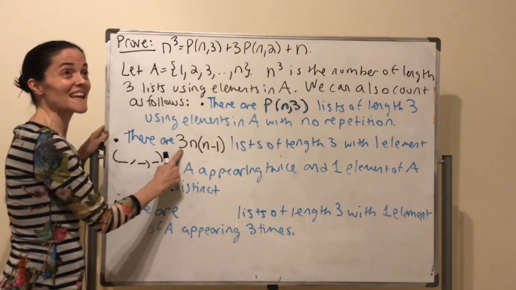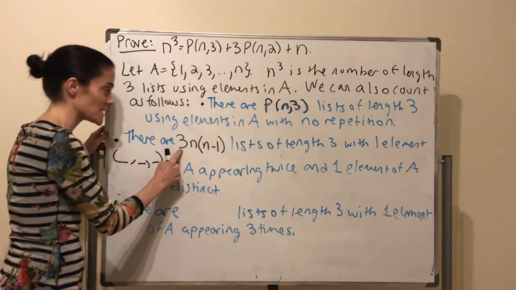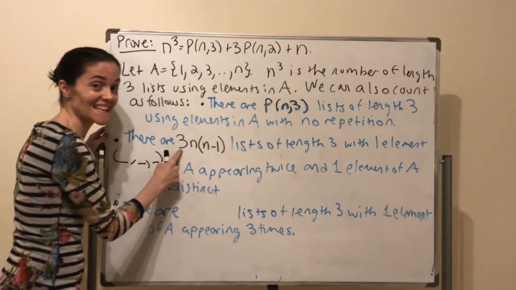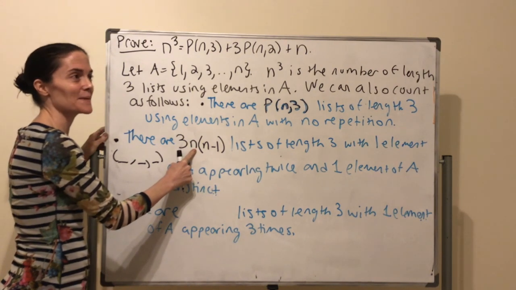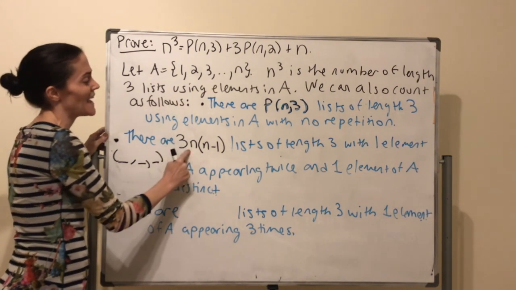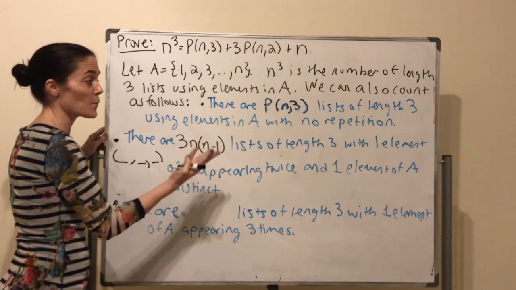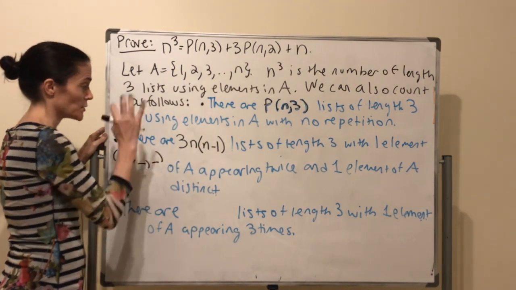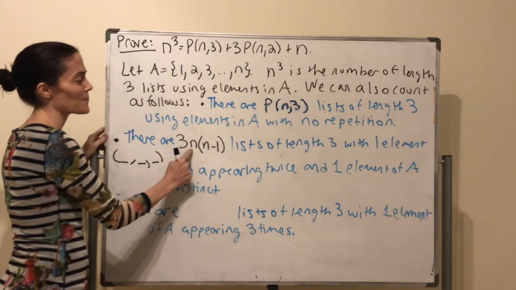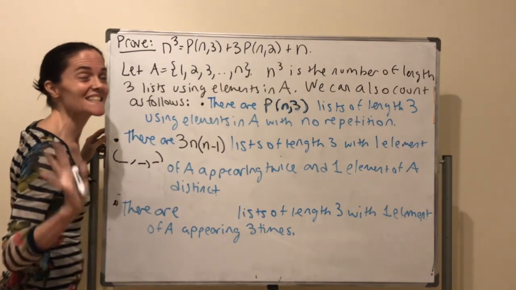But this is the number, and I will say it again, it was the multiplication rule. First, I choose the spot for the distinct element. There are 3 of them. Then I pick the distinct element out of n, and now I need the one that will be repeated, and I can choose any of the n minus 1. And I will know exactly where to put them because I've already put the distinct element in its spot.